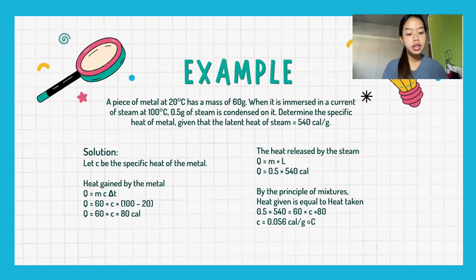The next one is the heat released by the steam. Q equals mL. M is 0.5 and L is 540. So by the principle of mixtures, heat given is equal to heat taken, that is 0.5 times 540 equals 60 times C times 80, so C is 0.056.